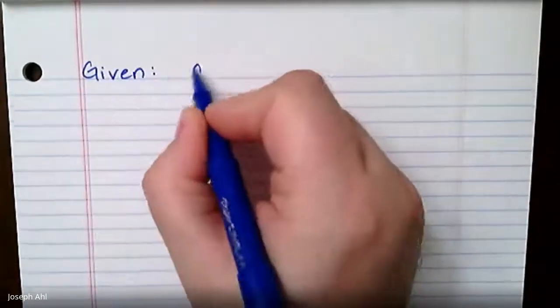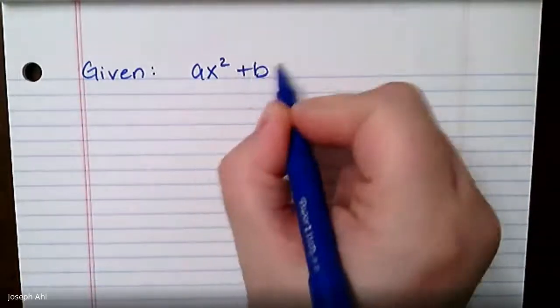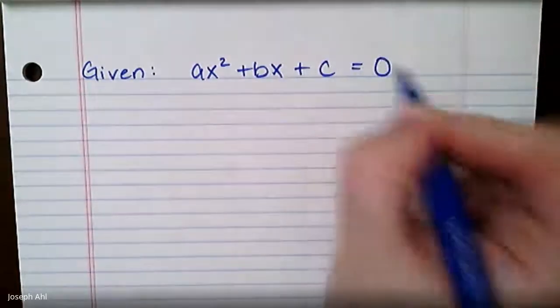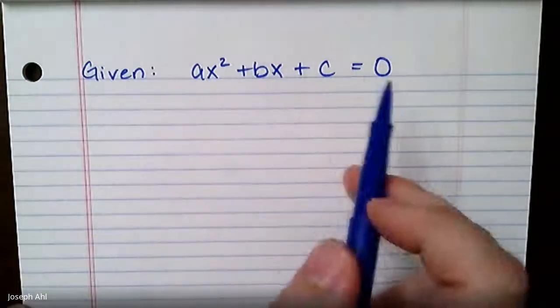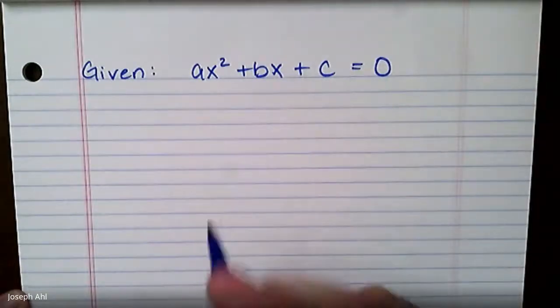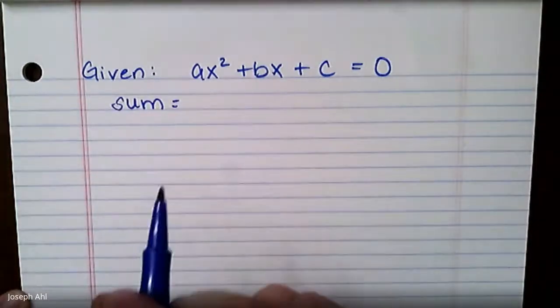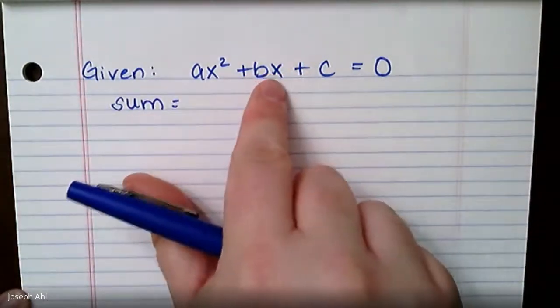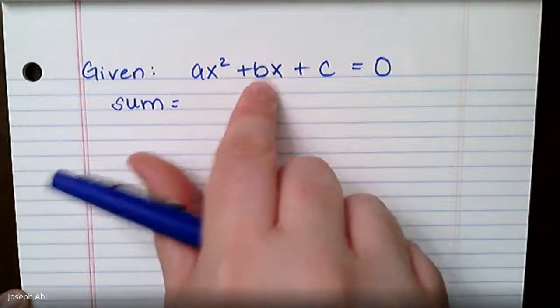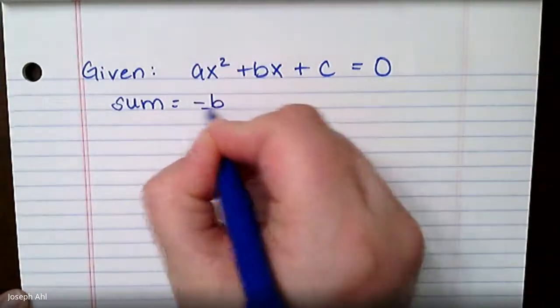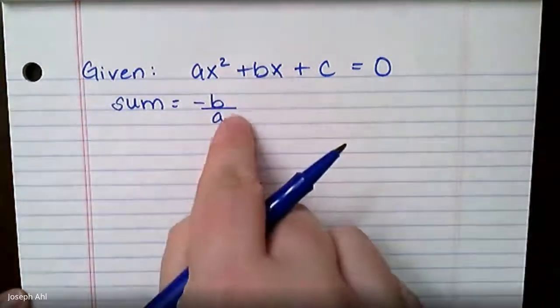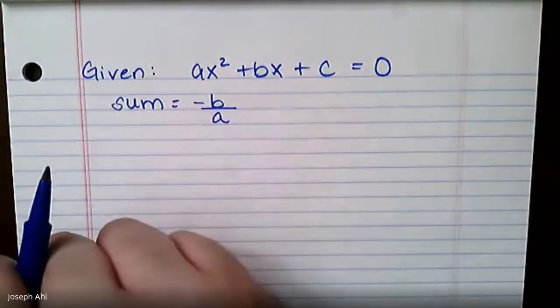Okay, so given a quadratic in standard form, if we have ax squared plus bx plus c equals 0, that is the standard form of a quadratic. If I asked you, what's the sum of the roots in general? Well, the sum of the roots is not just the opposite sign of this coefficient, but it's the opposite sign of b divided by that lead coefficient of a.